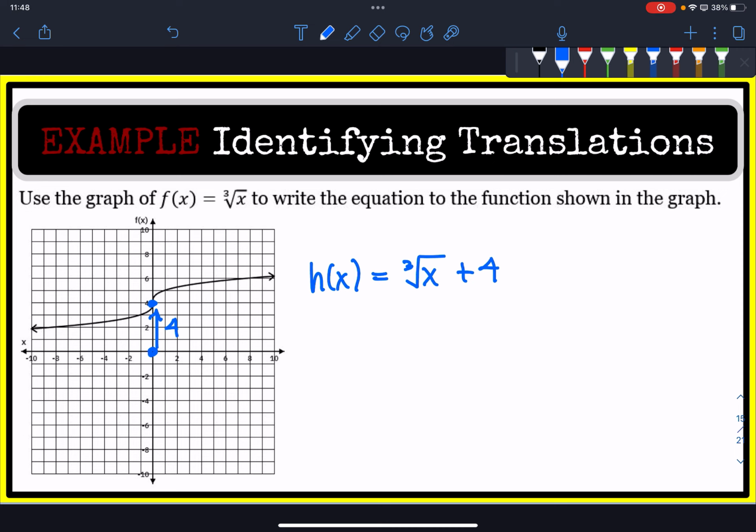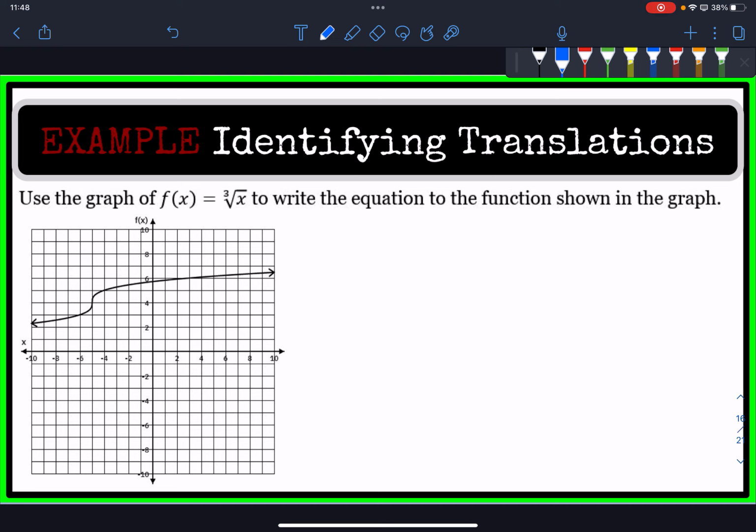So we put it on the outside and that's going to slide it up. Now if I want to slide it up and to the side, as you see right here, which is a slide of 5 units to the left and 4 units up, well, this sliding of 5 to the left is going to affect the x coordinates. So we're going to put that translation inside the cube root.